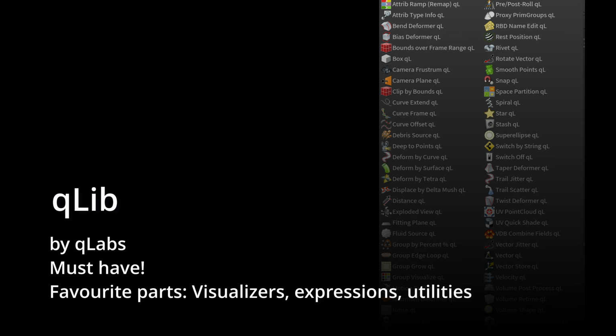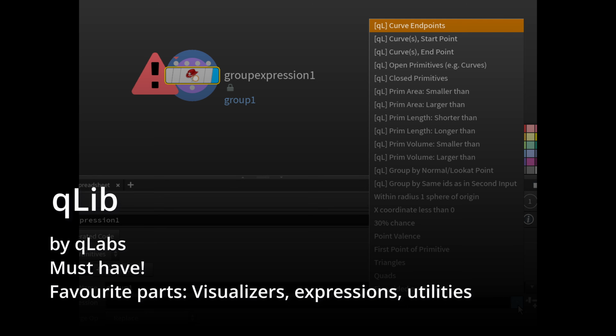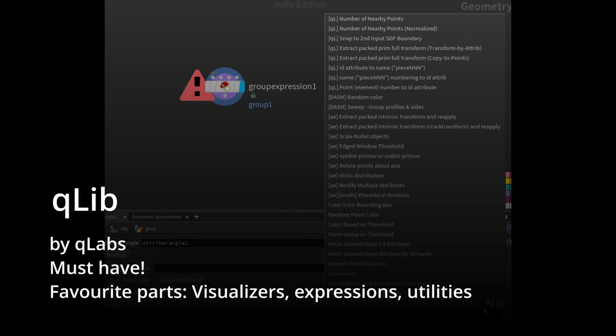For example, if you're doing group expression, then it gives you these pre-made group expressions to choose from, which are very handy. And basically, in every single context that there is in Houdini, it will enhance it in some way. And apart from that, it also gives you just some nice visualizers for stuff.